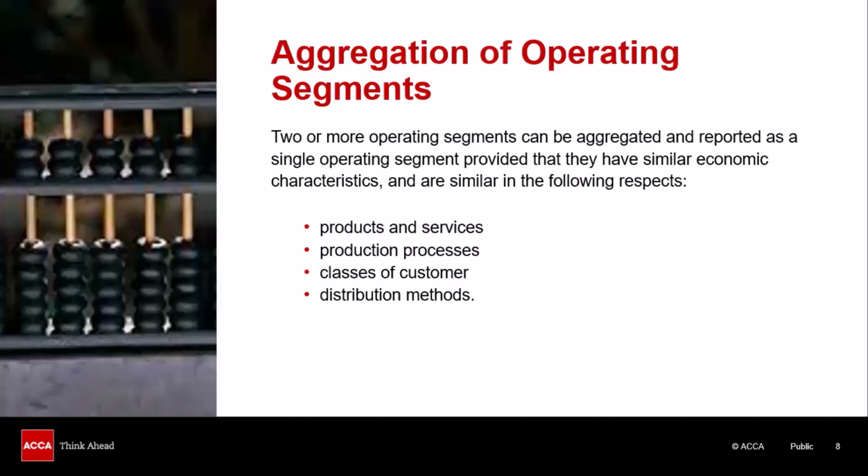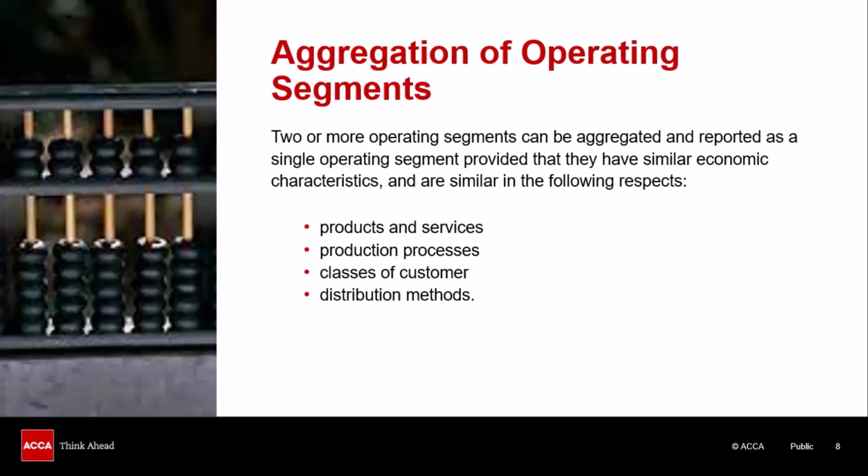Then the next thing that we're going to look at is aggregation of operating segments. Operating segments can actually be grouped together, but there are conditions for us to group them together. If we're going to group them together, they need to have similar economic characteristics and are similar in the following respects.